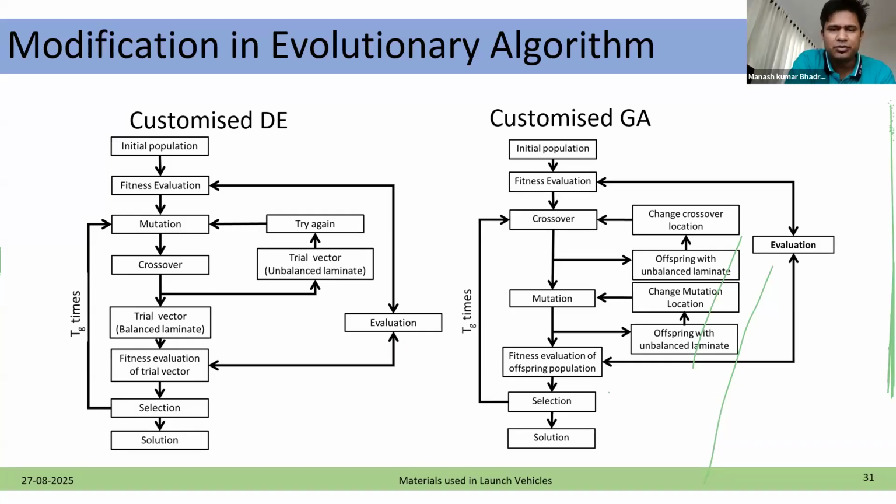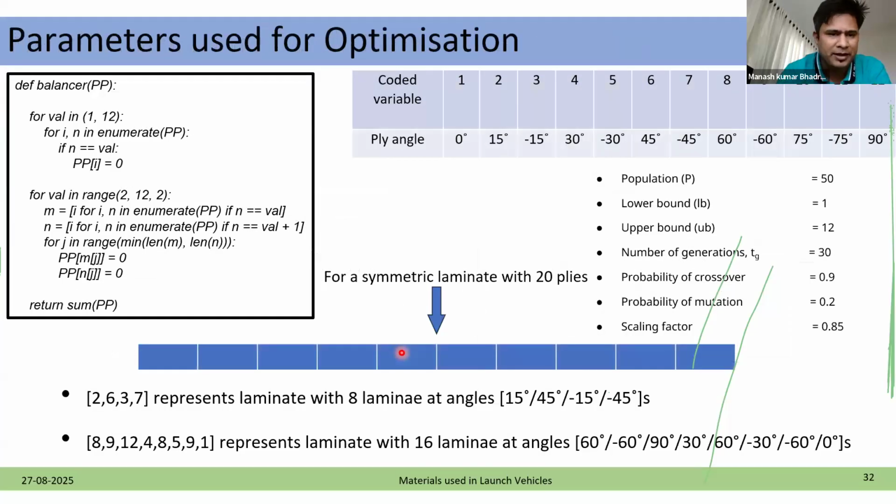I try to give a glimpse, and further we will see on this. This box shows a code written in Python to check if a particular laminate, represented by an array, is balanced or not. Before going to this code, I will explain. We have considered the angles from 90 to 0 degree at an interval of 15 degree. 0 degree is given a code name of 1, 15 degree is given a code name of 2, minus 15 is given a code name of 3, and so on till 12.